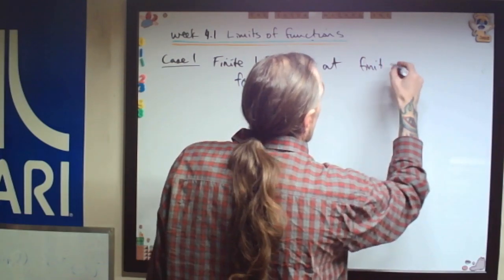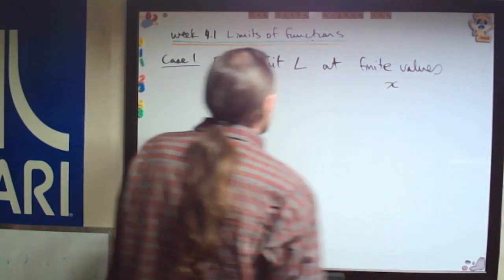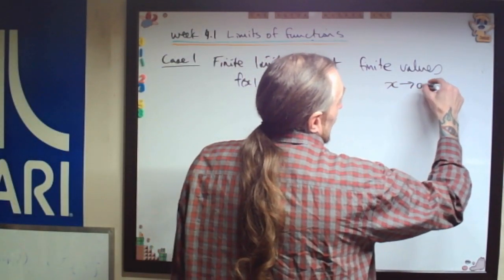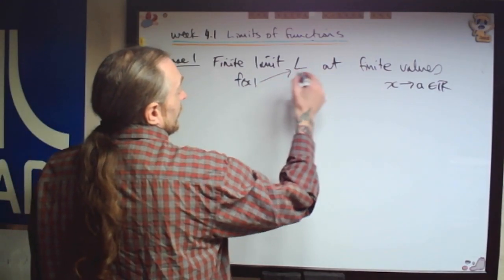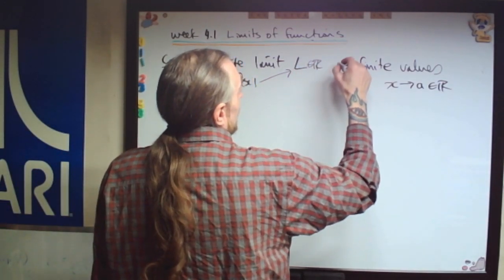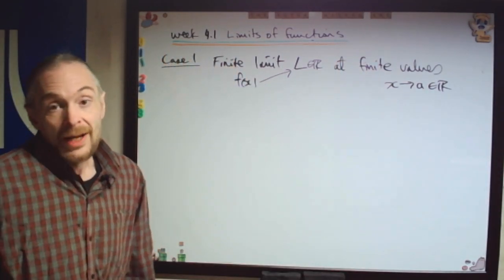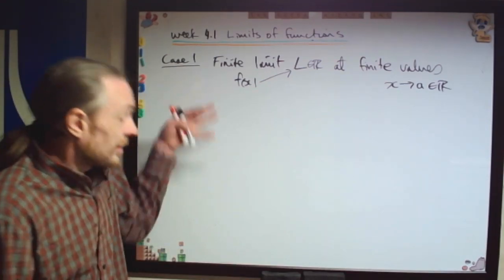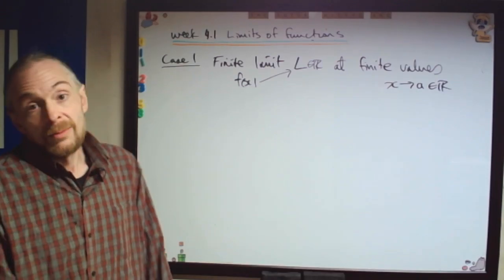And that means x is going to approach an a, which is a real number, is what they mean by this, and f of x is going to approach a limit L, which is also a real number. That's what they're talking about. So finite limits at finite values are the ones that you're going to want, and hopefully, even if it looks like there's a discontinuity or a trouble at the value we're going to, there will be clever algebra that will clean us up.